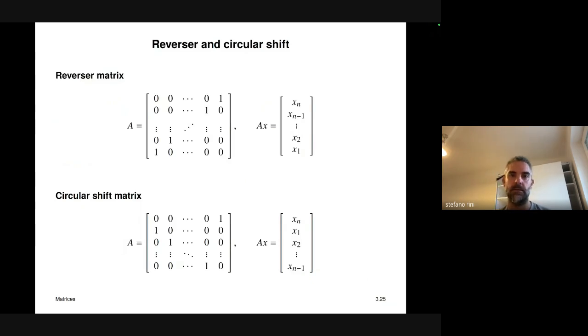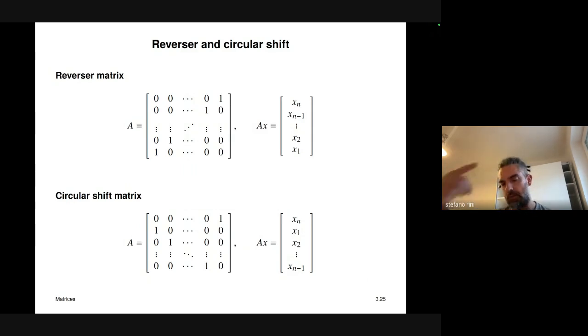Some useful matrices, again, something that's nice to know. There is the identity matrix that preserves the order of the elements. And there is also the reversal matrix: if instead of having the main diagonal equal to 1, you have the main anti-diagonal equal to 1, this has the effect of reordering the elements. In general, you can describe a permutation matrix as a matrix that has one 1 per column and one 1 per row.